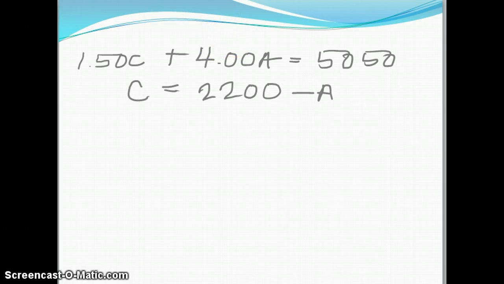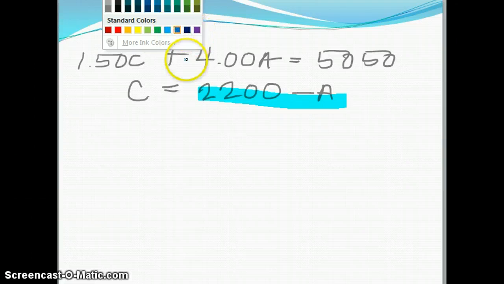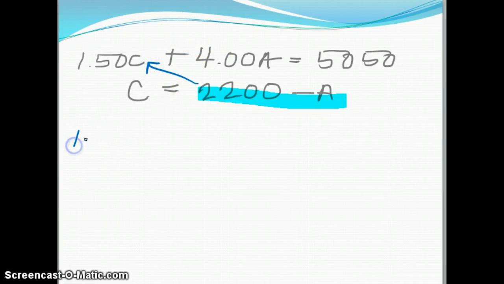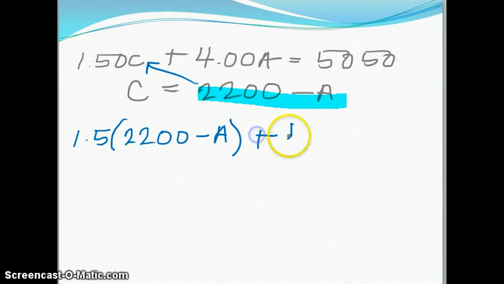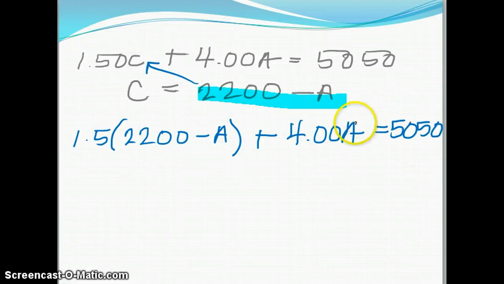Now, just like we talked about with substitution, we take our blob and put it in wherever we see the variable in the other equation, and in this case, that would be C. So I have $1.50 times the amount of children, which we now know is the total minus the adults, plus the cost of adults. You can see now the variable for the children has disappeared. We're only left with the A's for the adults. So that shows us that we are now solving to find out how many adults there are. Yes, this is going to take some work. We talked about what substitution does.